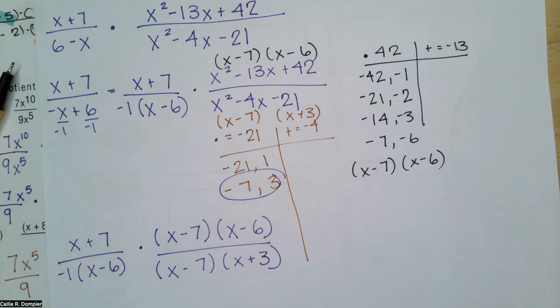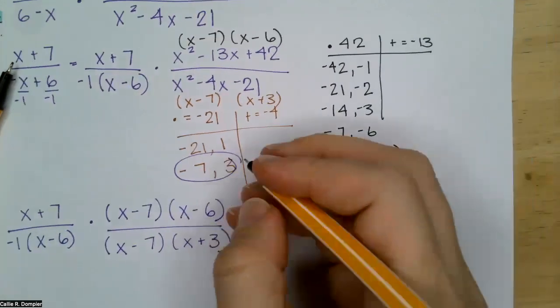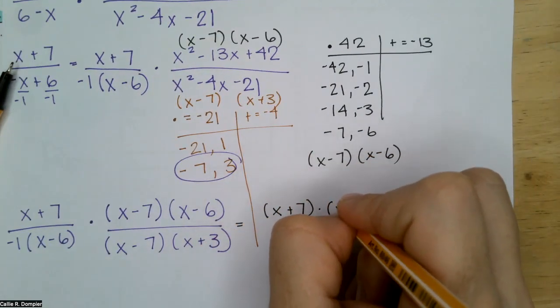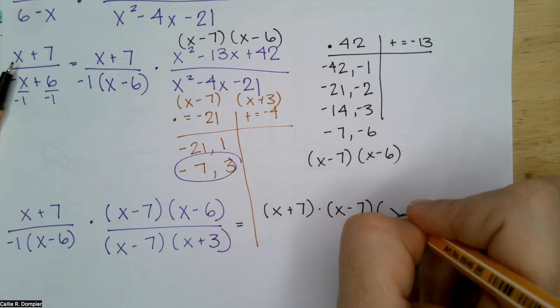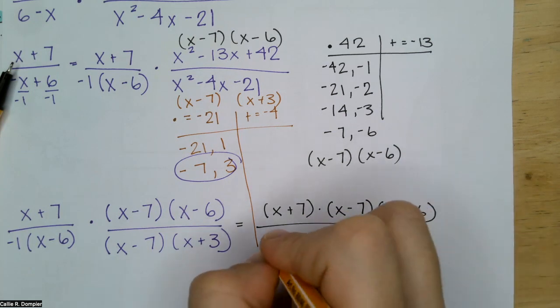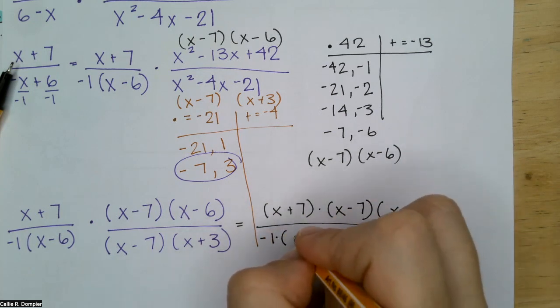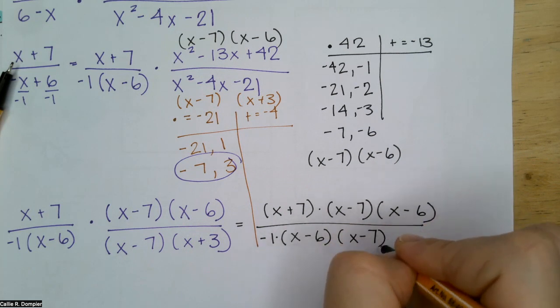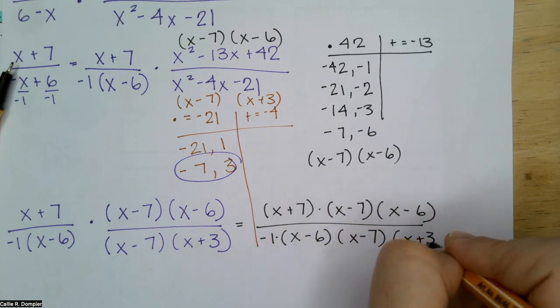And now we just multiply straight across. X plus 7 times x minus 7 times x minus 6. Negative 1 times x minus 6 times x minus 7 times x plus 3.